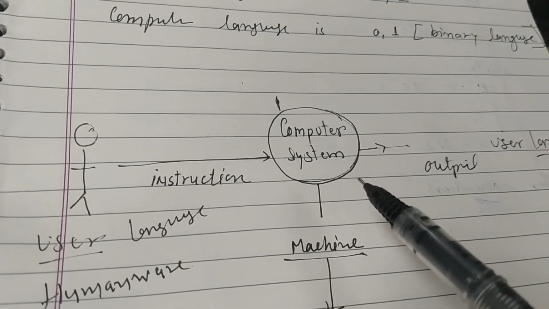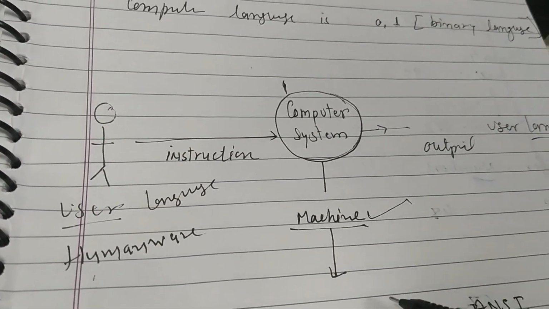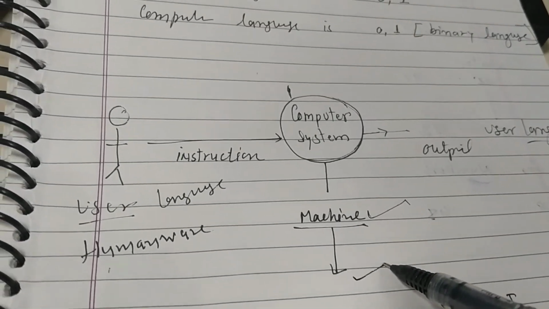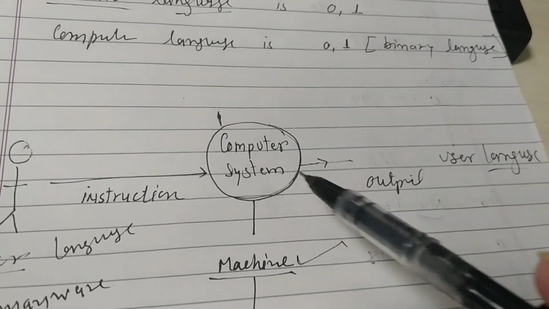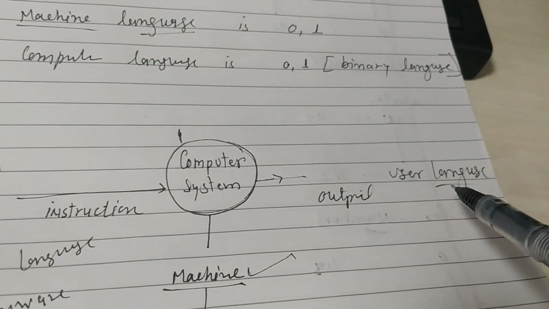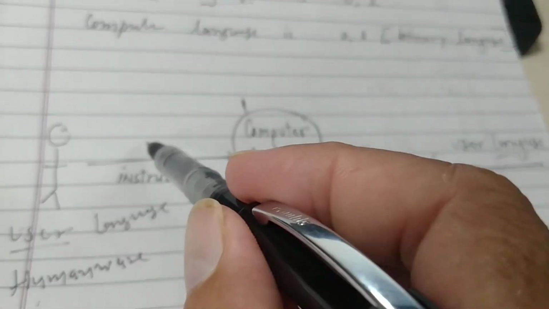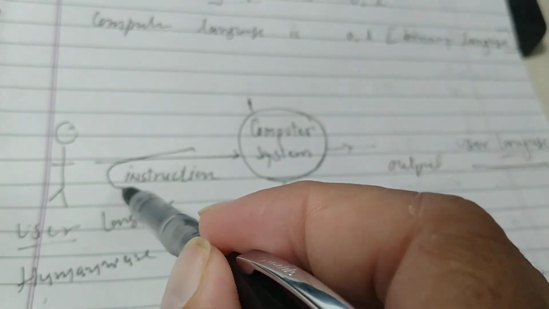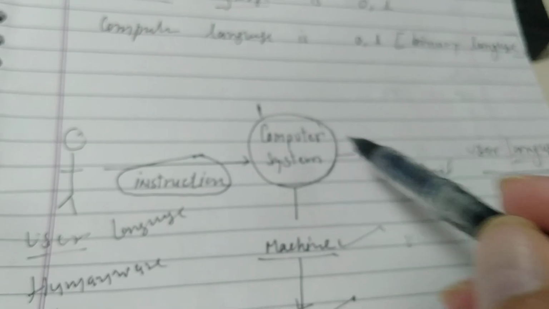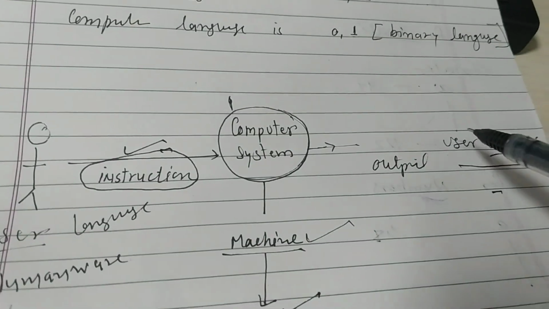The computer system takes the instruction and converts it into machine language, or you can say binary language. Then after converting, it gives the output. What language is used for the instruction, the same language is used for the output. So this is the user's language and this is also the user's language.